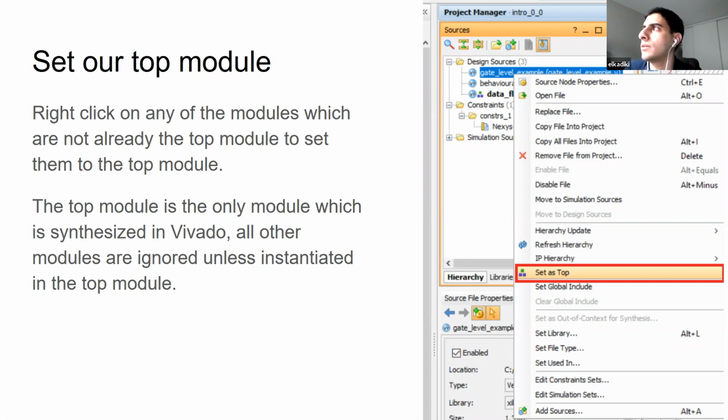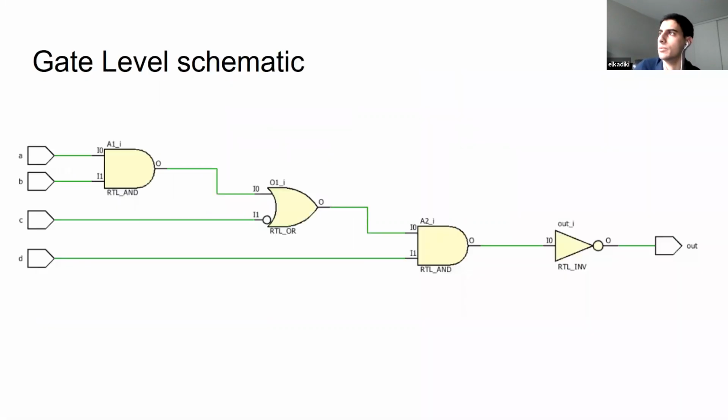When you guys were asking earlier about how to set it as top, you just right-click, go down, and hit this button. All right, moved it to the right spot now. And then hopefully, if you did everything right, your schematic should look exactly like the diagram we had earlier. So we'll have a NOT gate here, an AND, an OR, another AND, and then a final inverter.